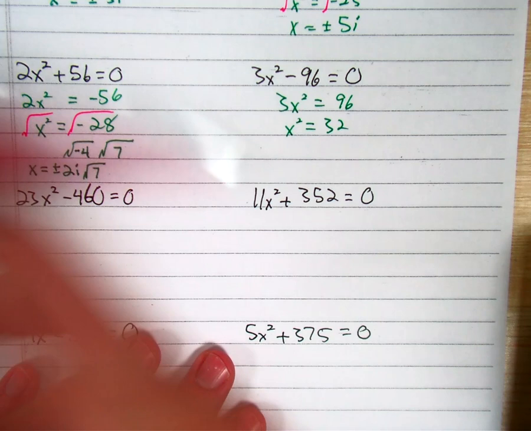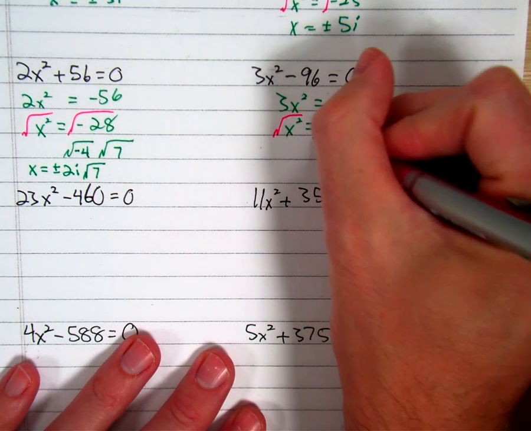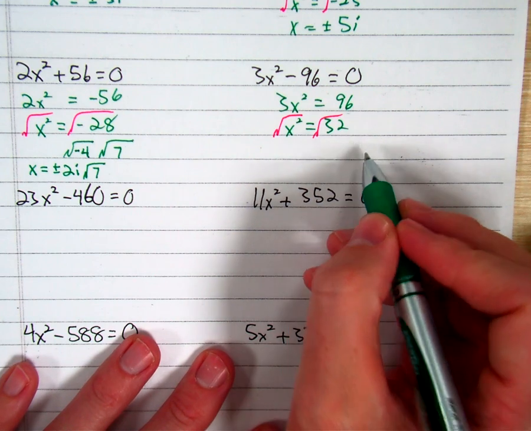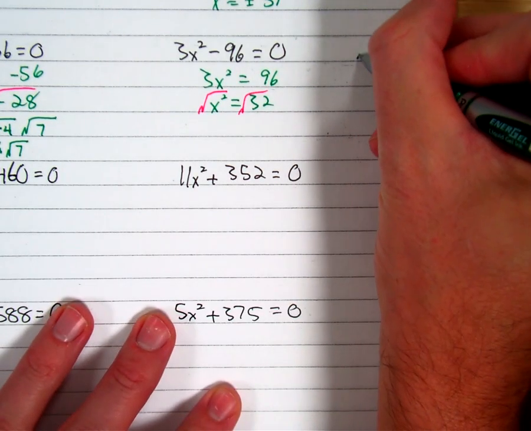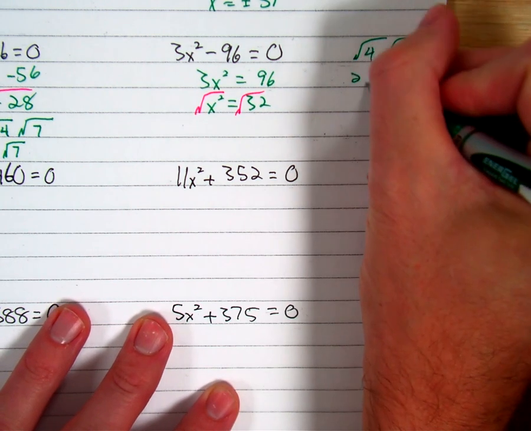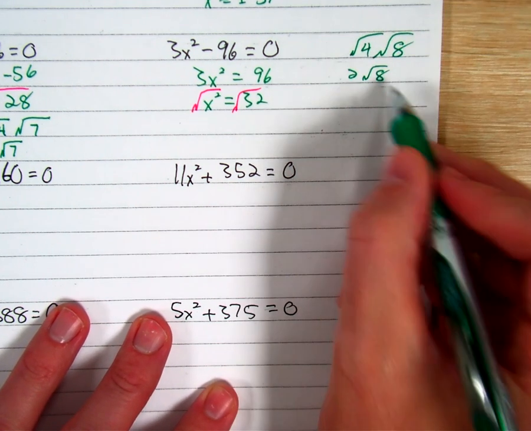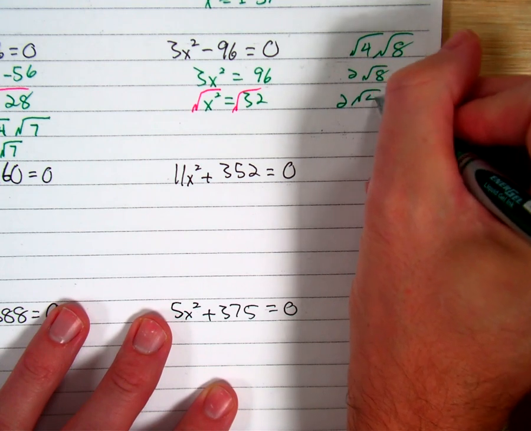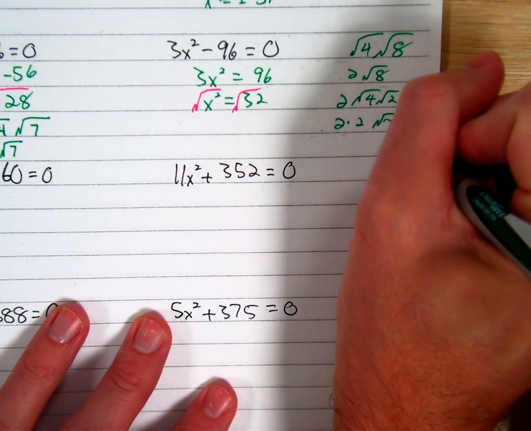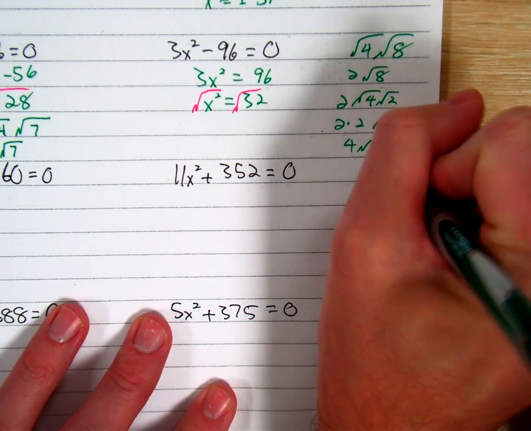And when we square root 32, now this gets to be a tricky one because everyone likes to jump to 4 times 8. And here's the thing with 4 and 8. Yeah, you're going to get 2 radical 8, but now you can break apart the 8 to radical 4, radical 2. 2 times 2 times radical 2, and 4 radical 2.